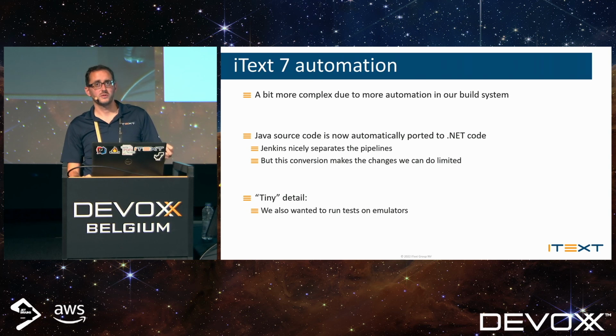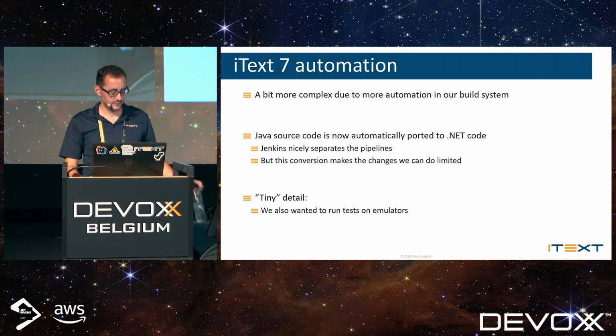It's called the autoport, and it takes the Java source code and it translates that to C# source code automatically. It works for about 95% of our classes perfectly great, I would say.